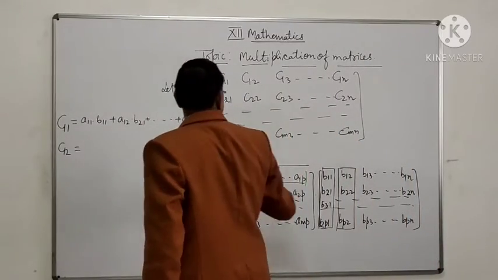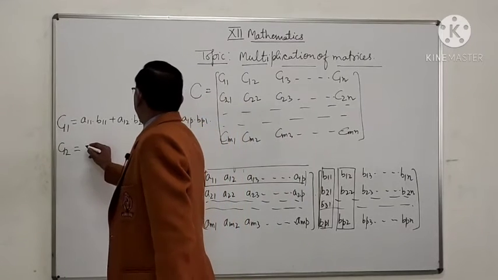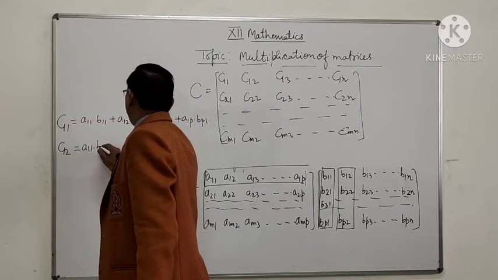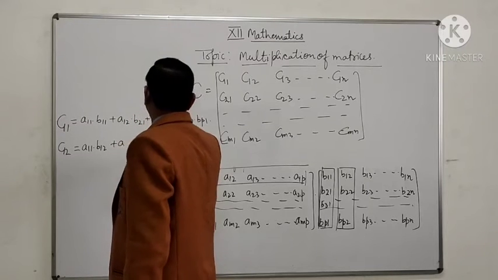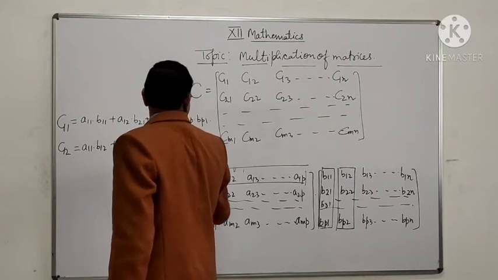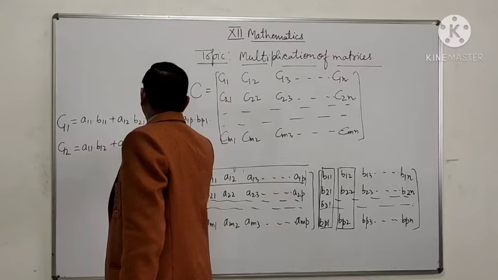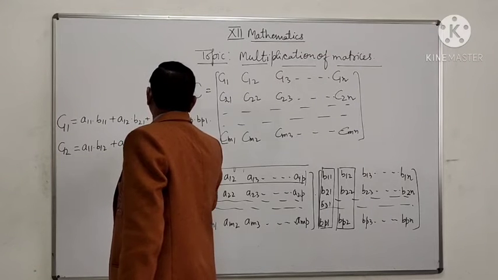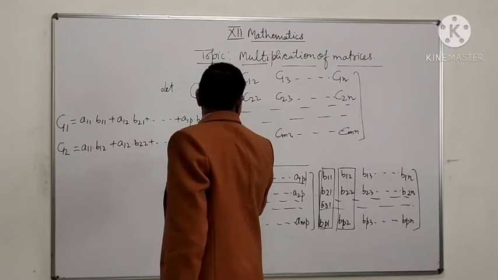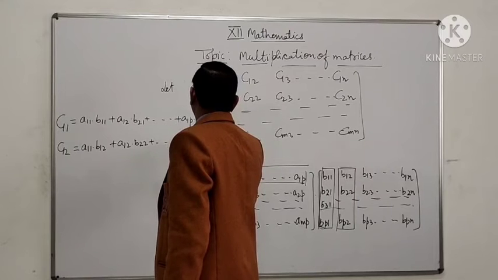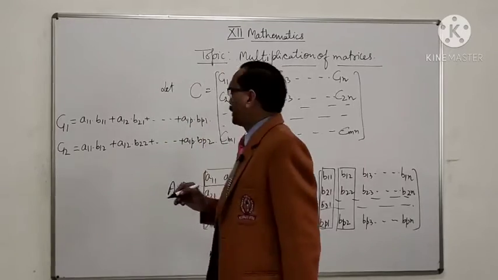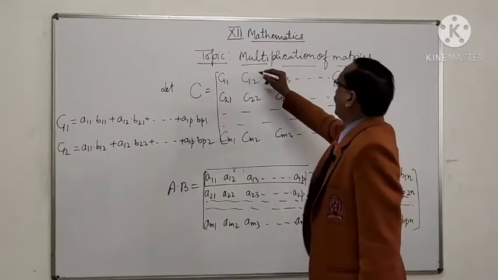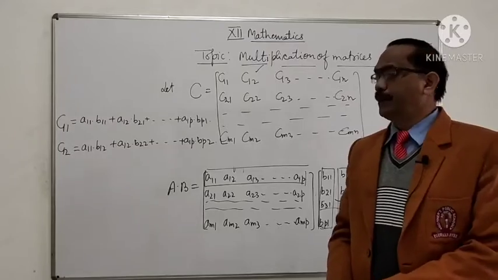So C12 is A11 into B12 plus A12 into B22 plus and so on plus A1p multiplied by Bp2. This way we will get this element C12.